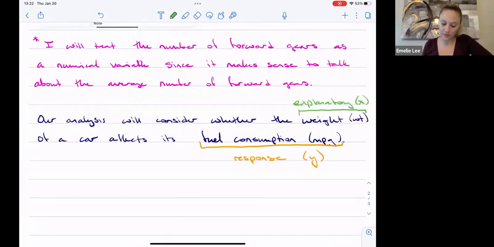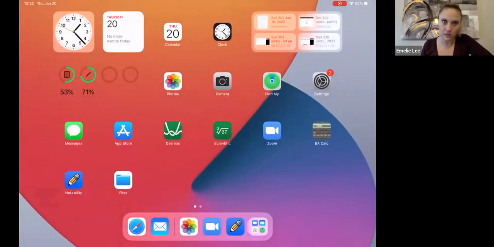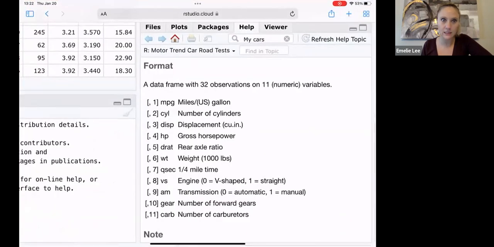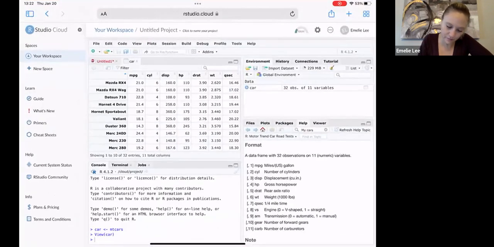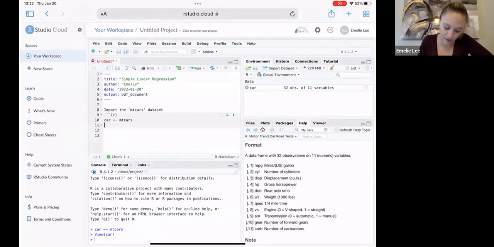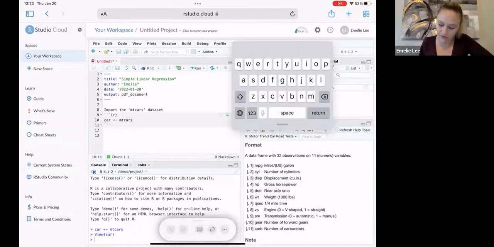First thing I'm going to do, make sure I don't lose my shared screen here. I've imported and saved my cars. I made an object called car.